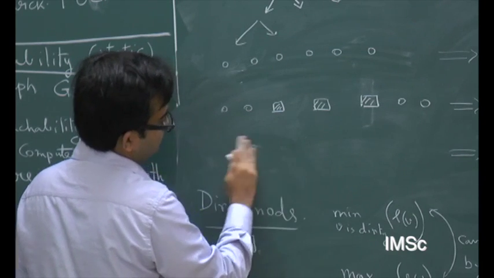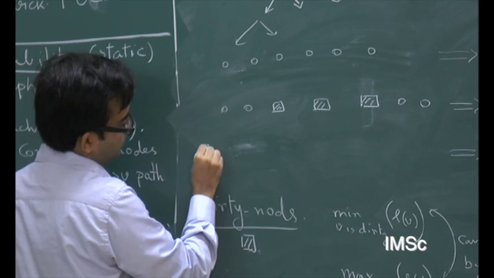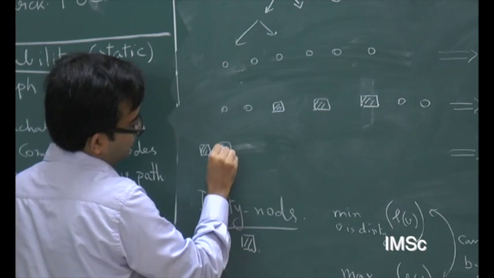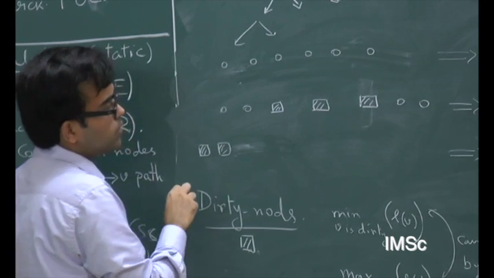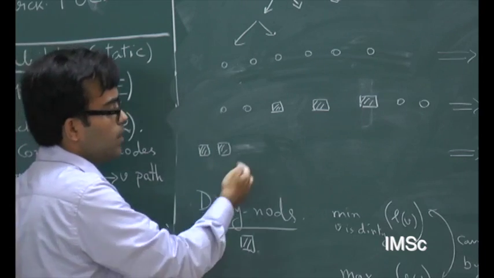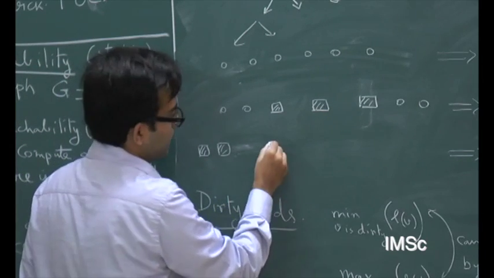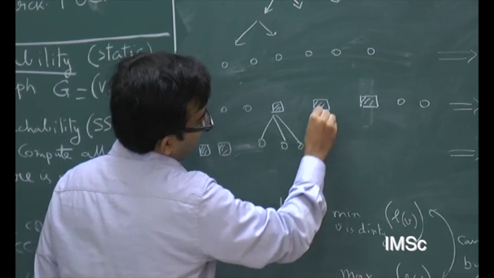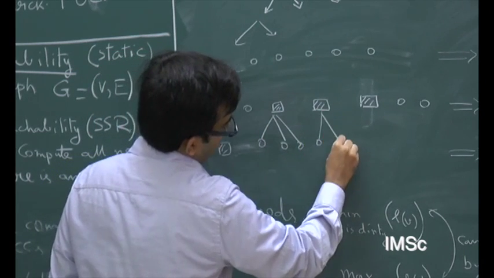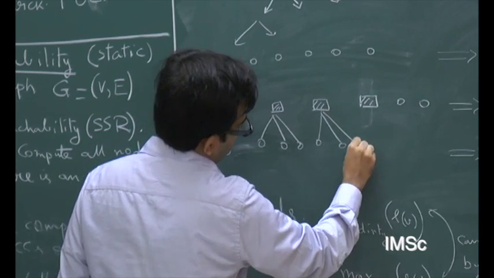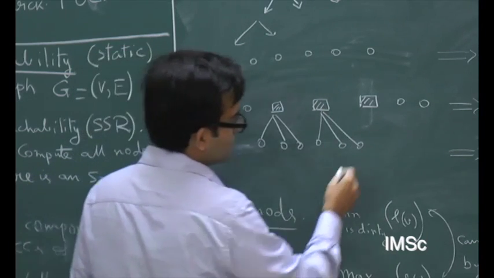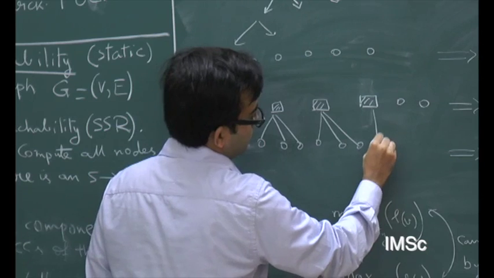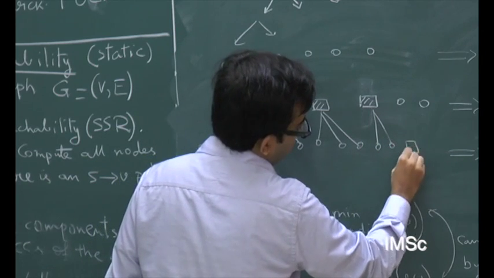Do the dirty nodes have any relation among themselves? No, a dirty node can never be a descendant, a child of another dirty node. So these guys also have their children, and now there are some other dirty nodes.